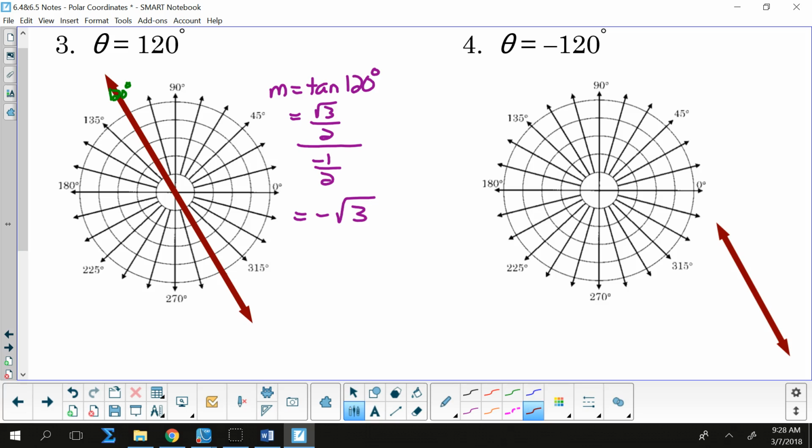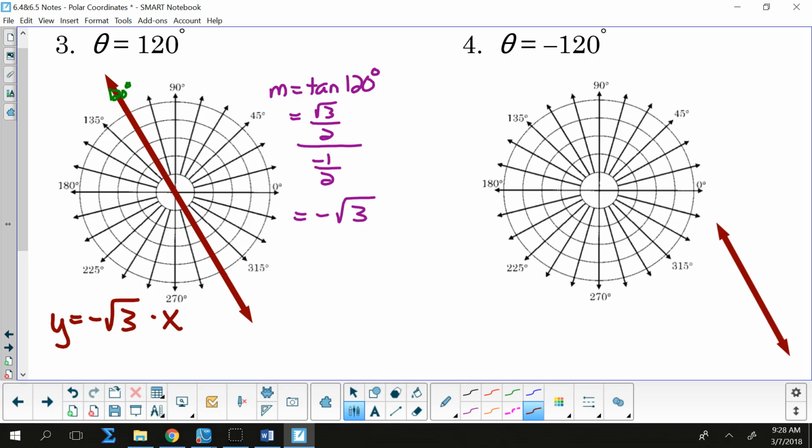So this line becomes y equals negative square root of 3 times x, because it goes through the pole. So that's plus 0 then.